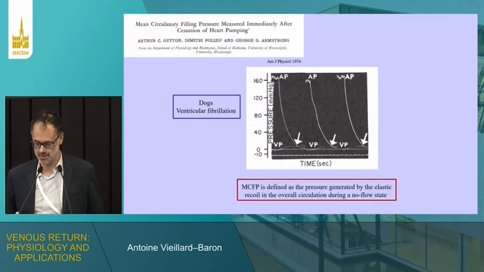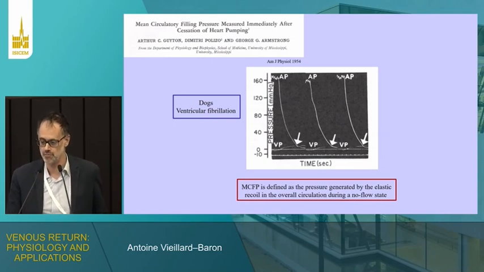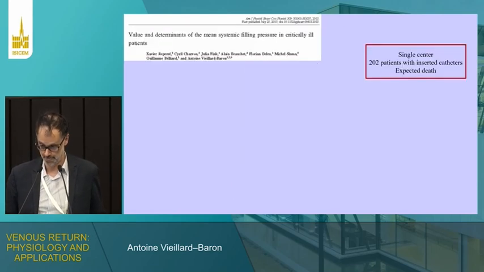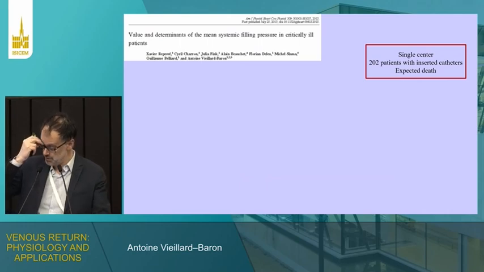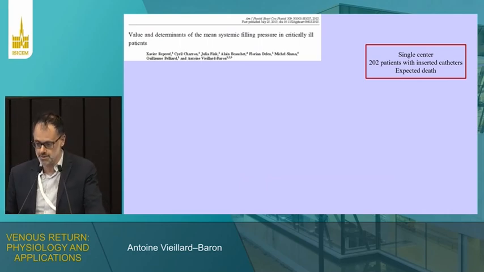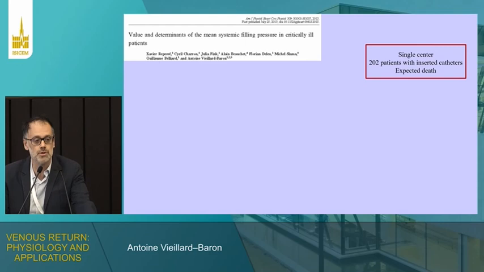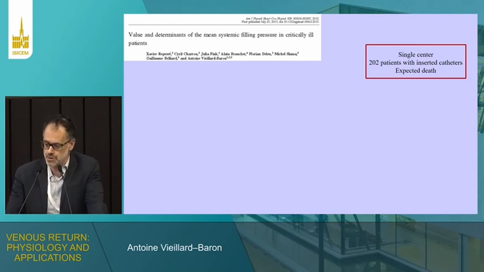So it is defined as the pressure generated by the elastic recoil in the overall circulation, so systemic, arterial and venous, during a no-flow state. Just look at what we tried to do in this study. We took more than 200 patients who had inserted catheters, so radial and central venous line, and in whom we had an expected death because of limitation of care for any reasons.